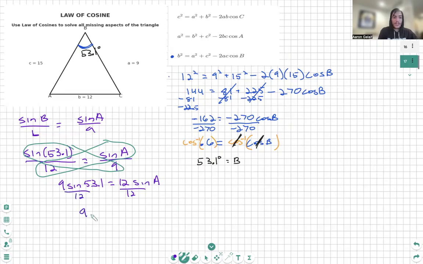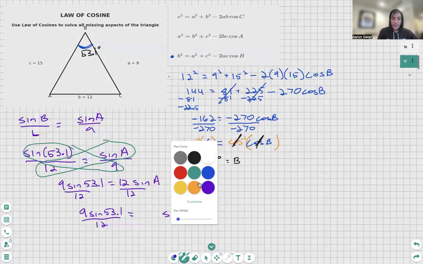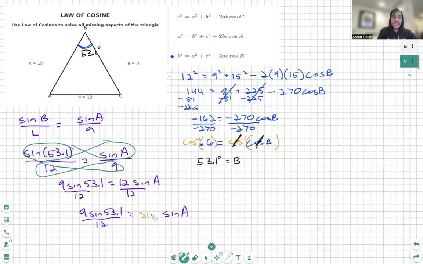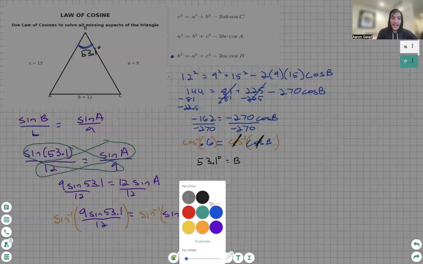I'm not going to plug this into my calculator yet, because what I can do is leave this like so. And what do we have? We have sine of A. What do we need to do? I'm going to inverse sine both sides. So instead of typing it into the calculator early, we can put it all into the calculator now, and then we're going to see what we get.